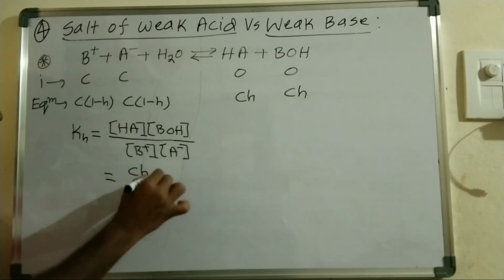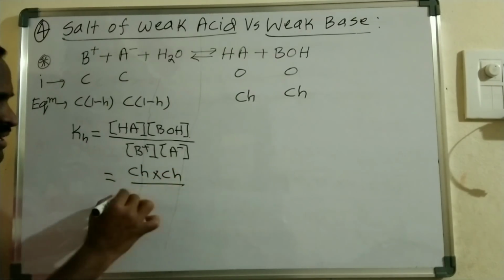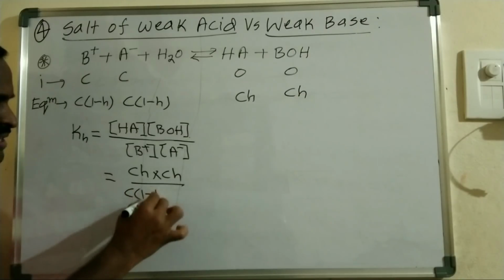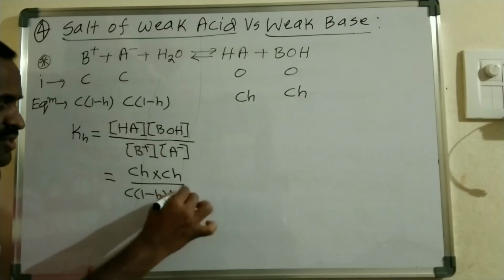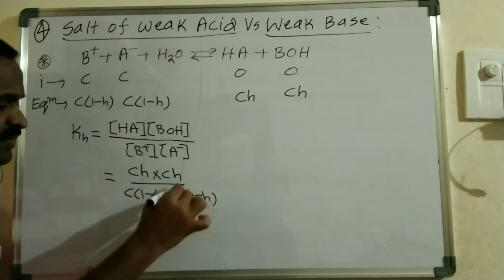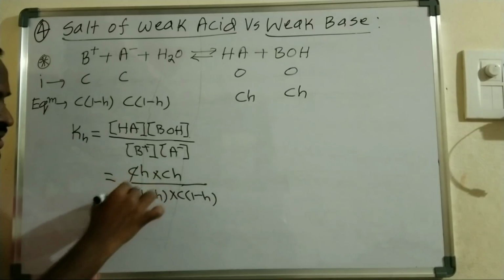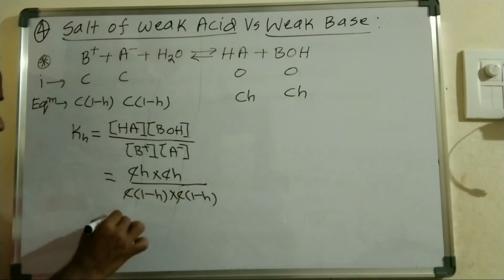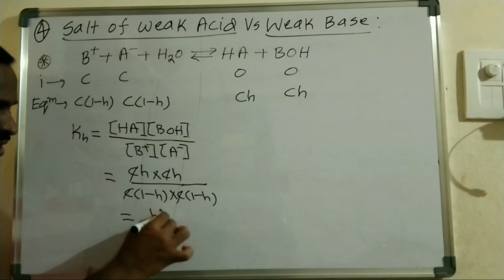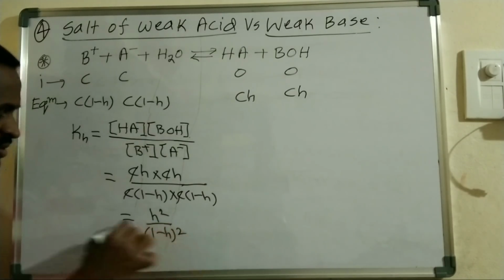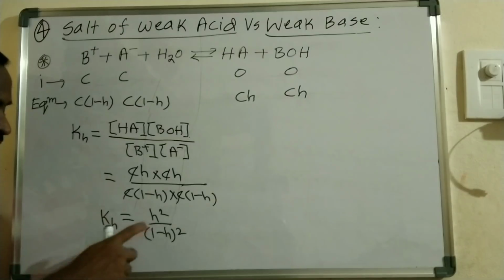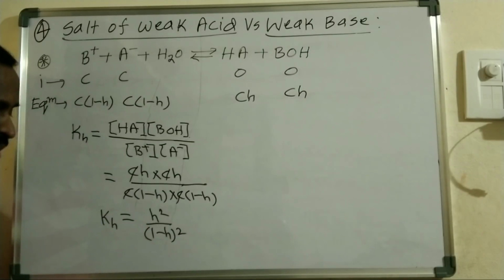This is Ch into Ch divided by C into (1 minus h), and again C into (1 minus h). So C and C will get cancelled here. Simply I can write Kh is equal to h square divided by (1 minus h) whole square, right?